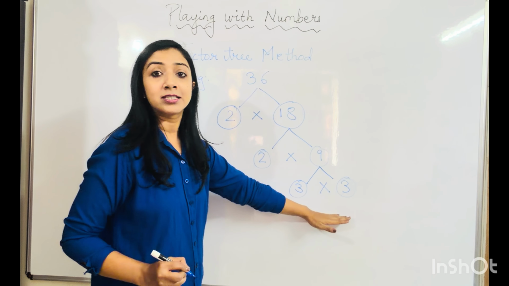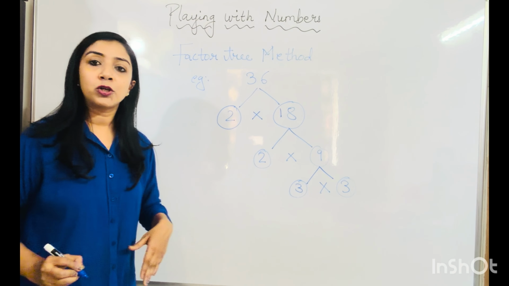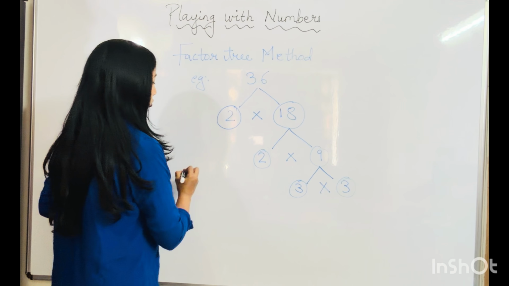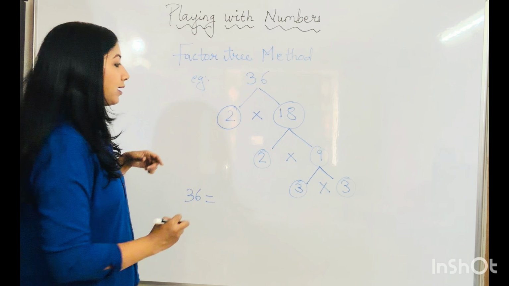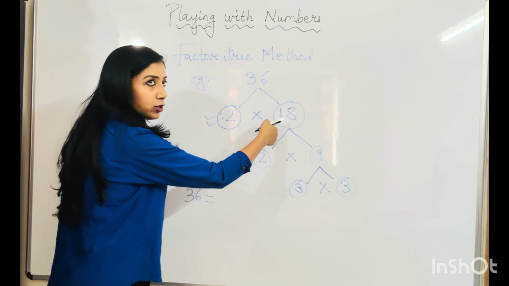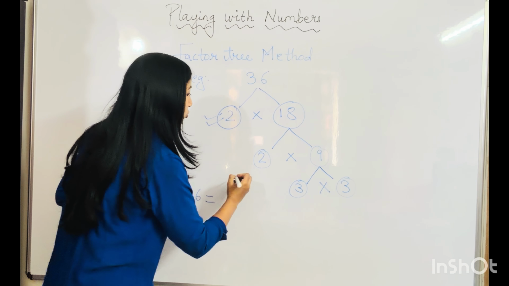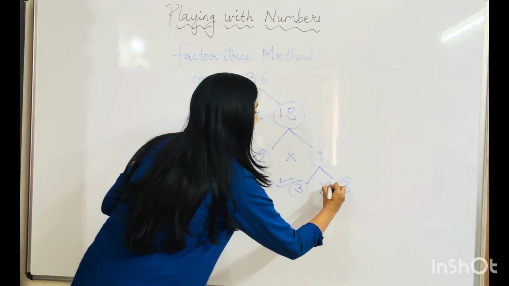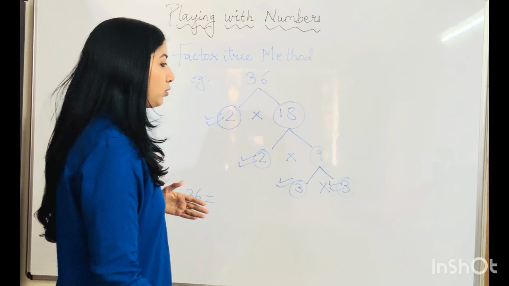So now is factorization possible, children? No. Now we cannot do factorization further. We have already got all prime numbers. So the prime factors of 36 are this 2, this 3 and 3. We will not take composite numbers, children. We consider all prime numbers only.